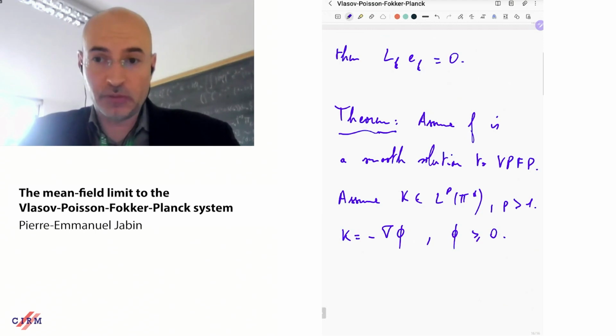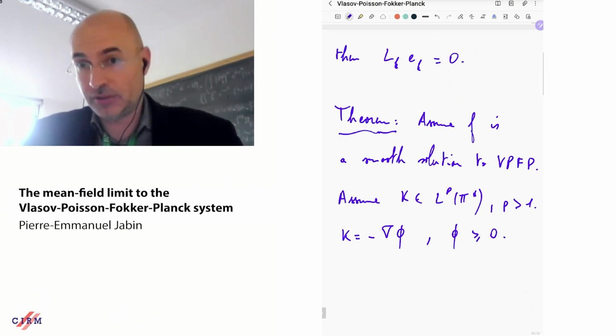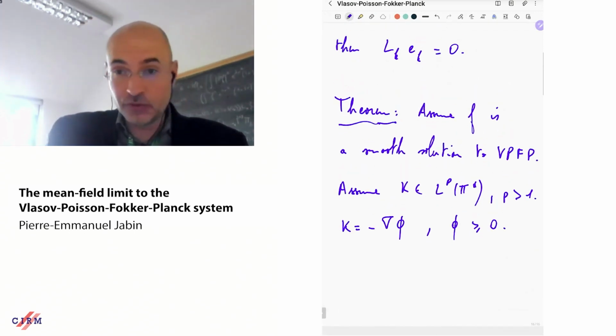And this is why, by the way, I'm limited to Coulombian interaction and I cannot do Newtonian interaction. So I can do Vlasov-Poisson-Fokker-Planck for repulsive interactions, for plasmas, but this method as it is does not apply, at least yet, to attractive interactions such as gravitational, even though it's the same singularity.